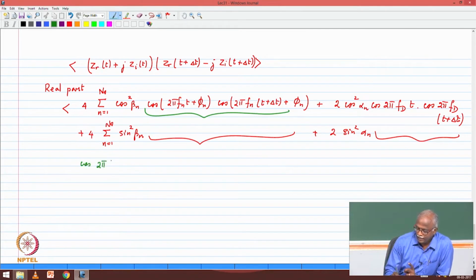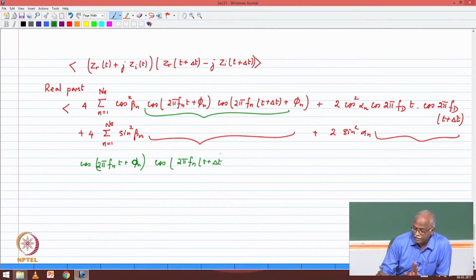Cosine 2 pi fn t plus phi n times cosine 2 pi fn t plus delta t plus phi n. This is only the real part, by the way. So product of two cosines, you should get a cosine of the sum and difference frequencies.